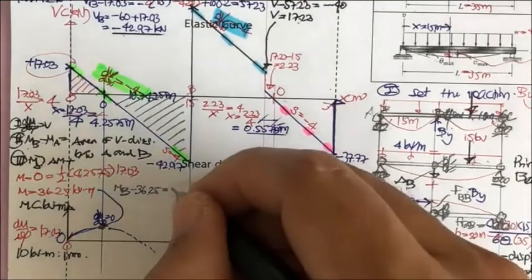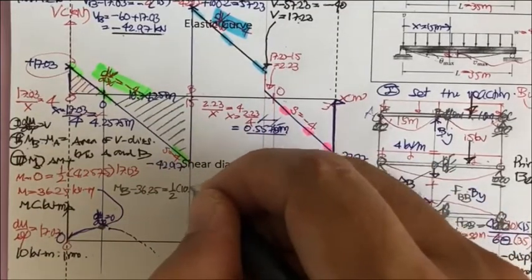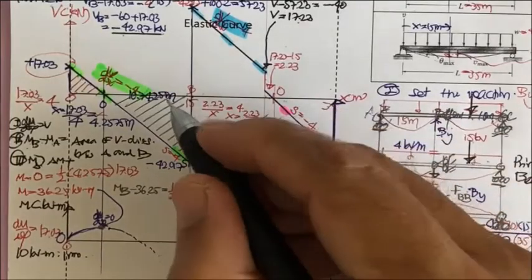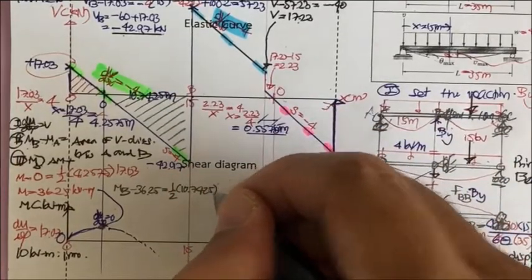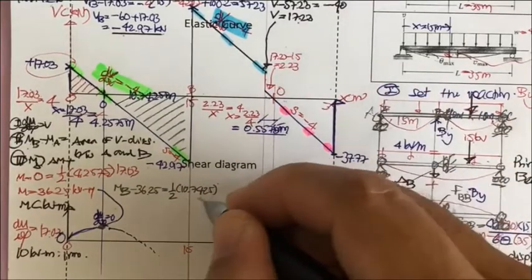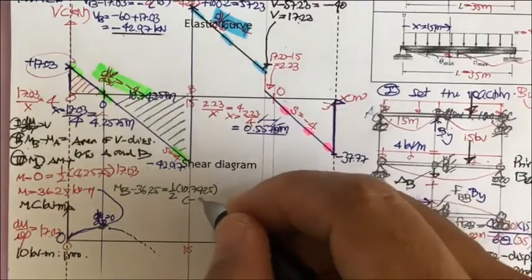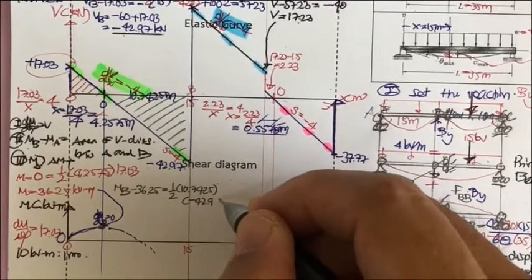And that is going to be 1/2 of 10.7425, times this one, and times minus 42.97.